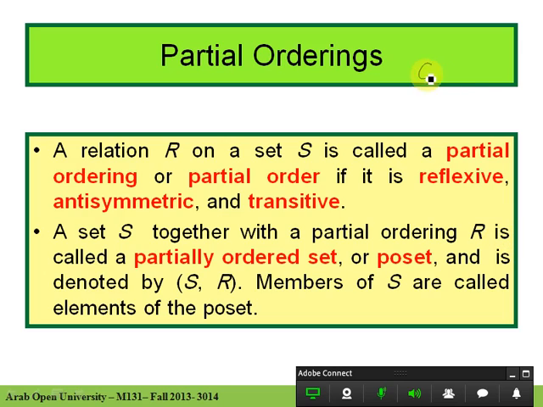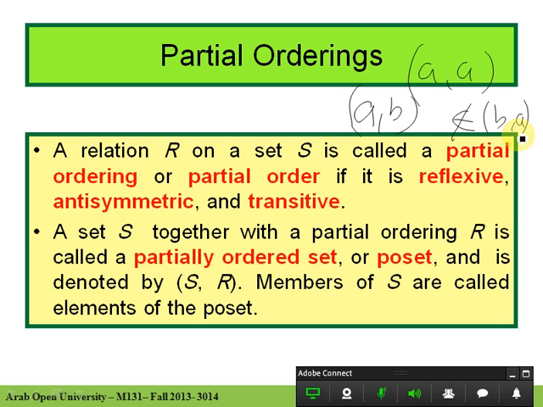Again, reflexive is A comma A. If there is A, there should be A comma A. And antisymmetric is, if there is A comma B, then there should not be B comma A. If there is 1 comma 2, there should not be 2 comma 1.